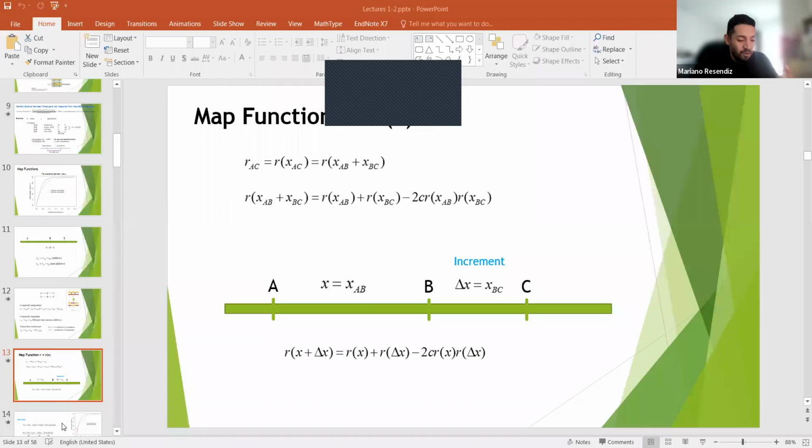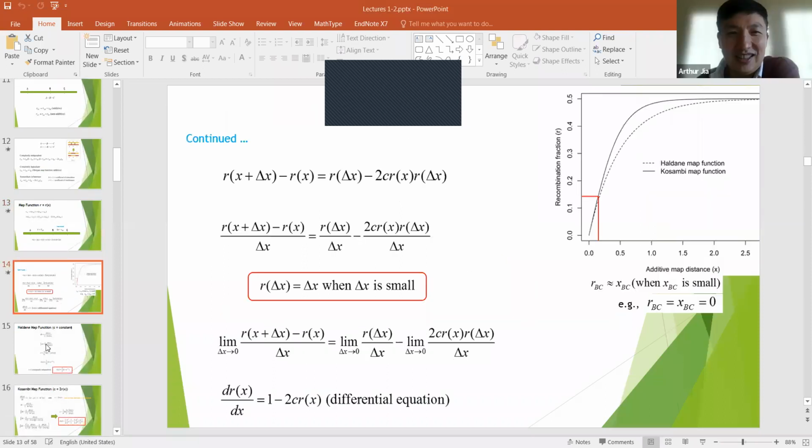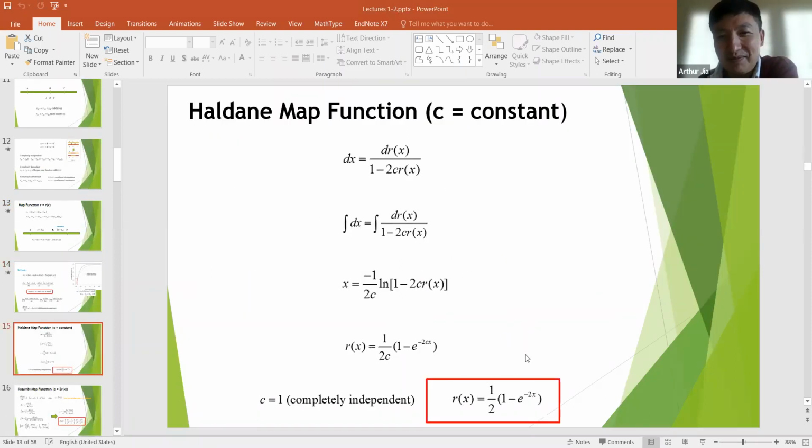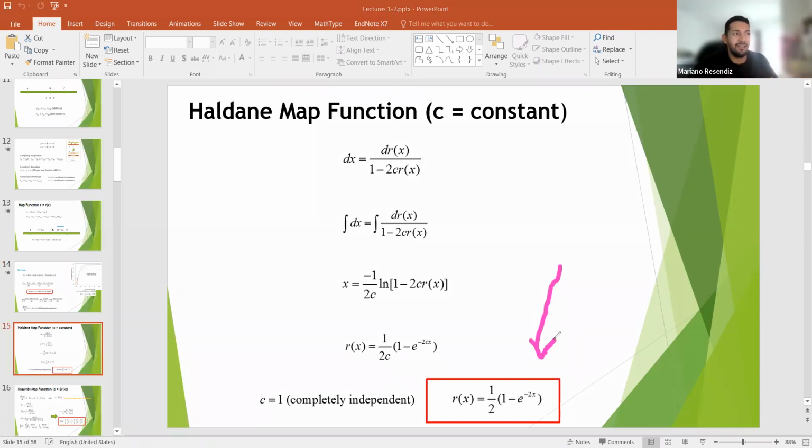It's actually on paper, unfortunately. But I used Haldane's, knowing R equals 1/2. Okay, that's fine. Using Haldane's, R is 1/2 times parentheses 1 minus e to the minus 2 times the distance, D. You mean here or here, right?